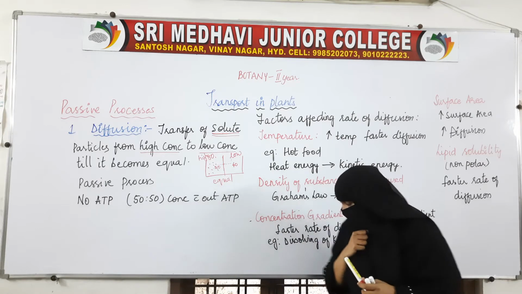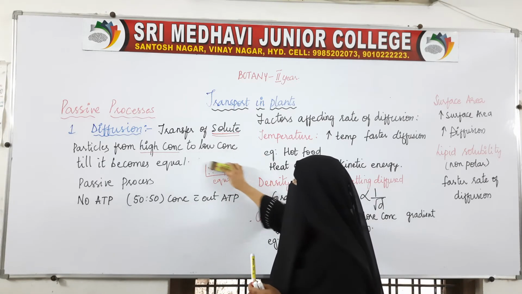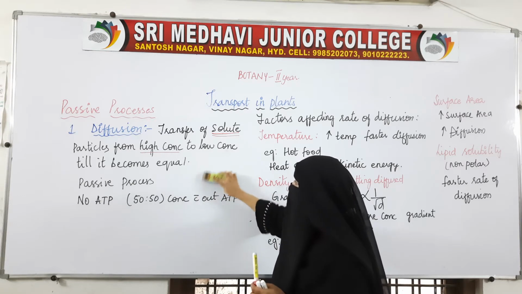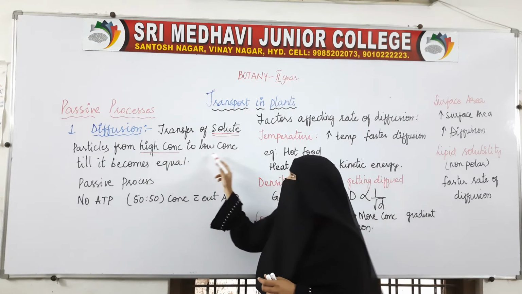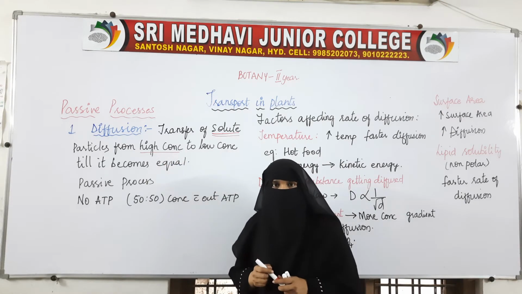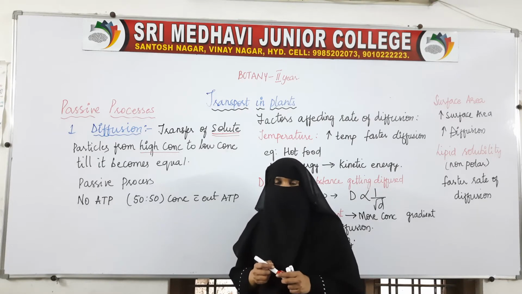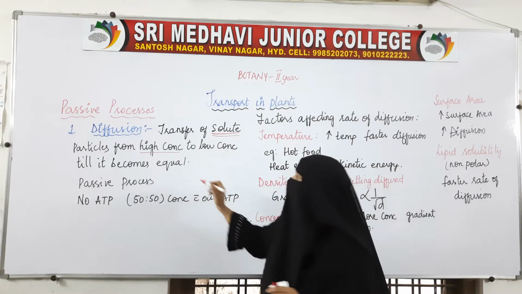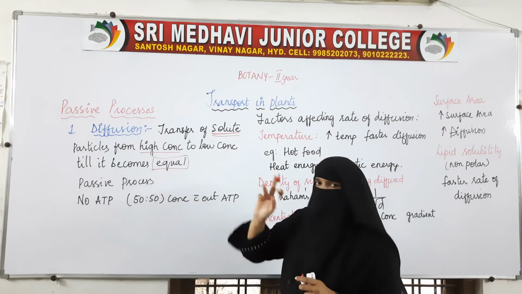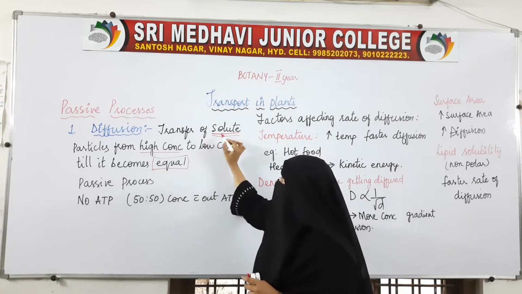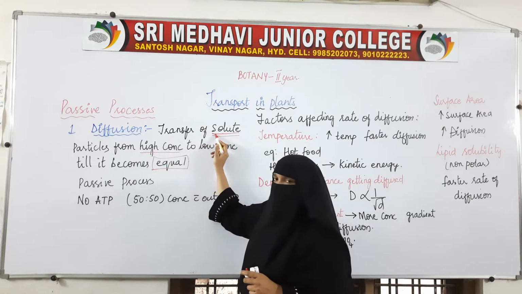So the transfer of solute particles or solute molecules from a region of high concentration to a region of low concentration, till the concentration becomes equal. This is also important. Here, 4 things: transfer of solute particles, then from where to where?